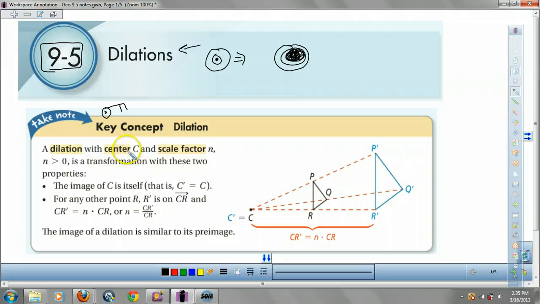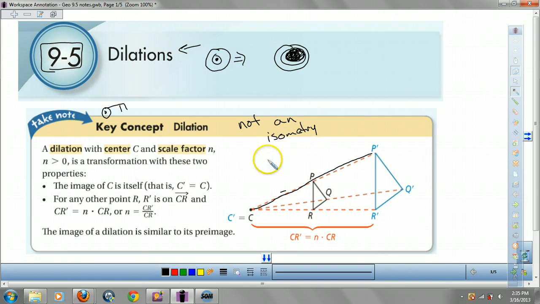Dilation with center C and scale factor n has two properties. If n's bigger than 0, then what you do is you draw a line. You make it however much bigger you need to. Dilations make similar figures, but they're not congruent. So this is not an isometry. Okay?